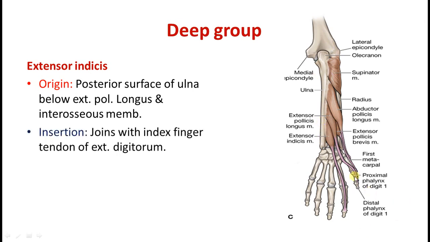It is inserted into the dorsal digital expansion after joining with the tendon of extensor digitorum. So, through the dorsal digital expansion, it is mainly responsible for extending the index finger.